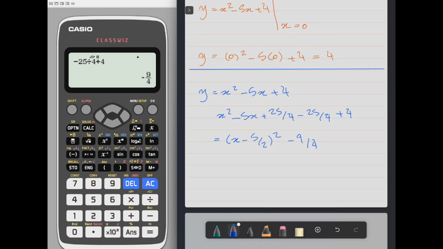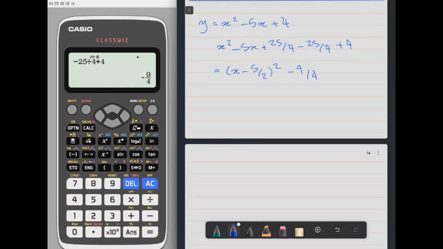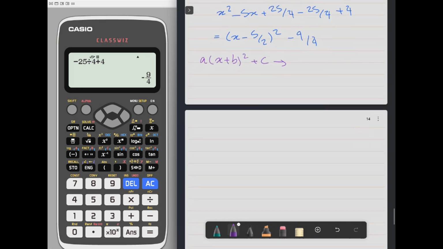How can I find my minimum? Guys, whenever you have, well, let me just use another color for this one as well. If you have a times (x plus b) squared plus c, then your minimum point or maximum point, or rather say a general term, turning point, will be (minus b, c).